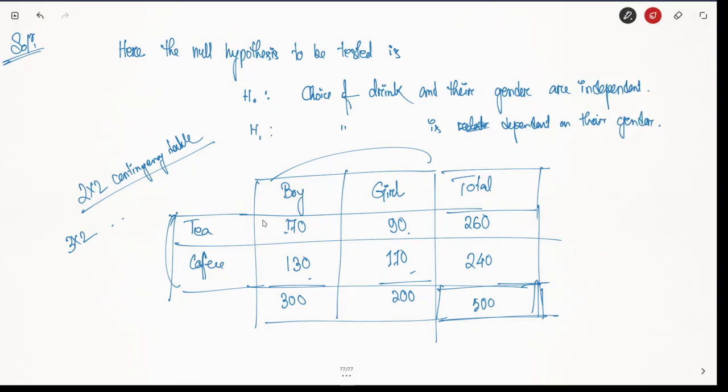This one will be the first observed, this the second observed, this the third observed, and this the fourth observed, right? So O1 is 170, O2 is 90, O3 is 130, and O4, that means observed frequency number 4, is 110.